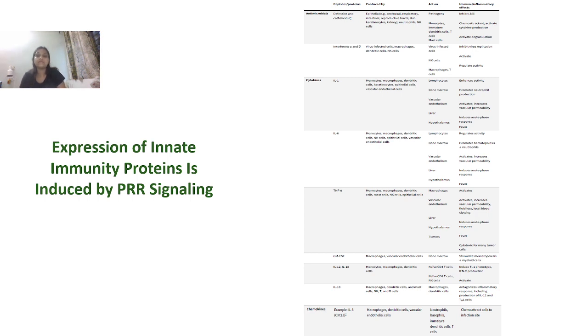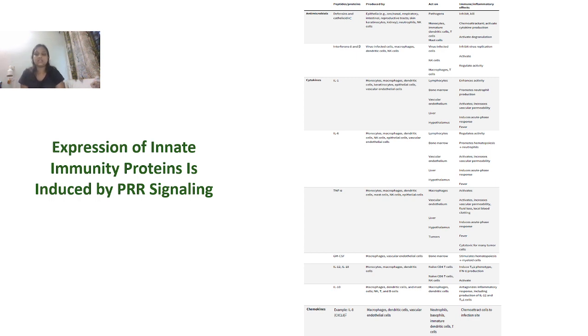They induce inflammation. Apart from cytokines, there are other molecules known as chemokines, which are chemoattractants produced by macrophages, dendritic cells, and vascular endothelial cells. What they do is chemoattract other cells to the infection site.